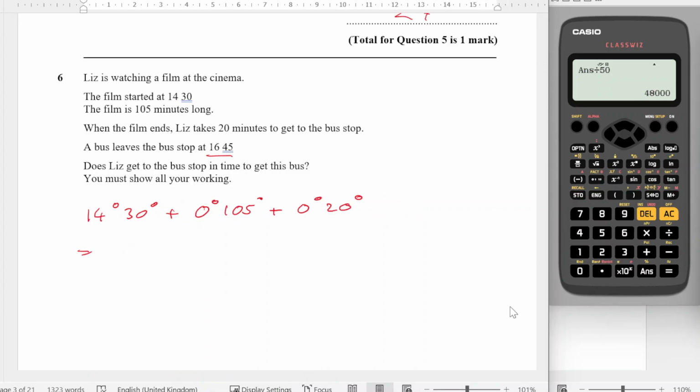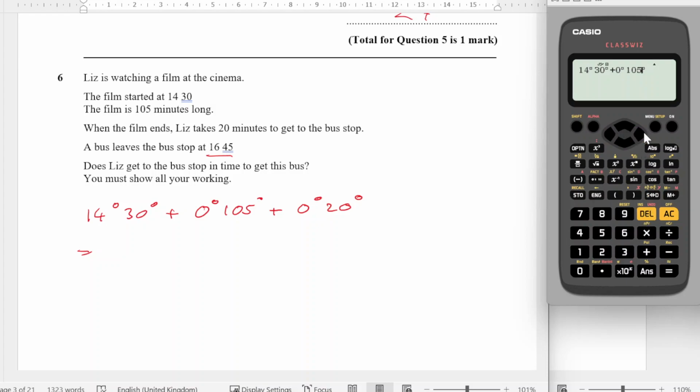Okay, so this is the button here that's our time function. So I'm going to type 14 hours and 30 minutes. To that time, I want to add on 0 hours and 105 minutes. And then to that, I will also... I've mistyped just there. I don't need that plus sign.